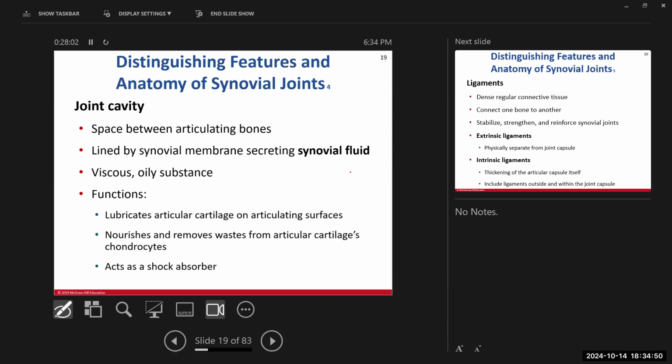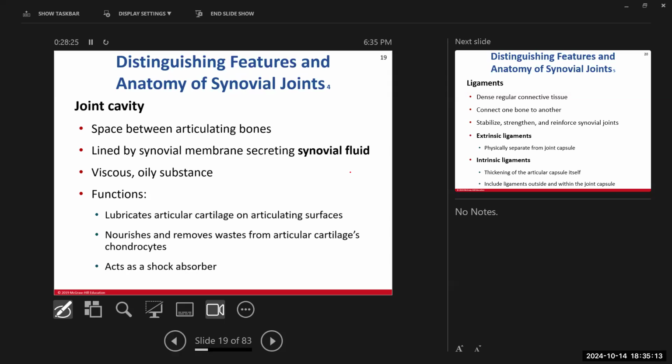And synovial fluid plays a couple different roles. One, remember the articular cartilage is avascular, so it needs to get nutrients. Well, the synovial fluid helps with that. It helps to lubricate the articular cartilage, and it helps to keep that tissue healthy.